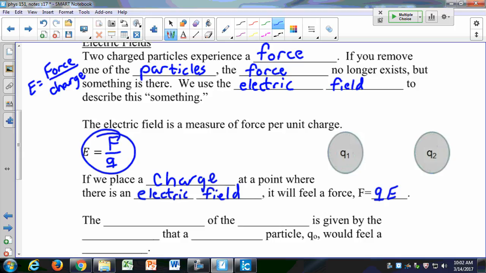There are no forces, but there is an electric field that surrounds this charge that has a value equal to E. And then if I bring another charge in right here, it now experiences a force that is proportional to that electric field.